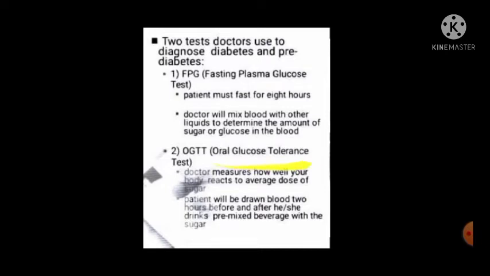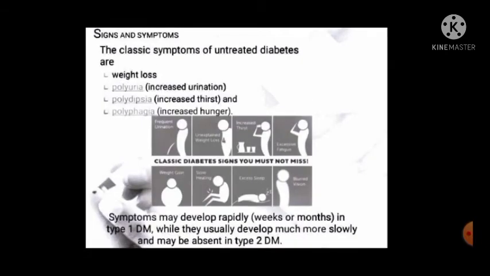Second is the oral glucose tolerance test. The fasting test is taken before our meal, and the oral glucose tolerance test is after the meal. The doctor measures how well your body reacts to a standard dose of sugar. Blood will be drawn from the patient before and 2 hours after drinking a pre-mixed beverage with sugar.